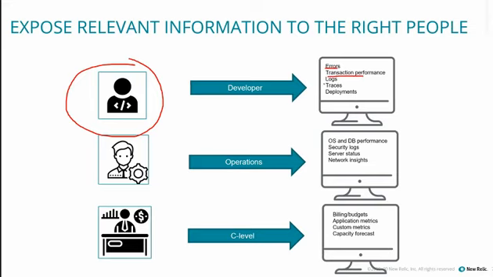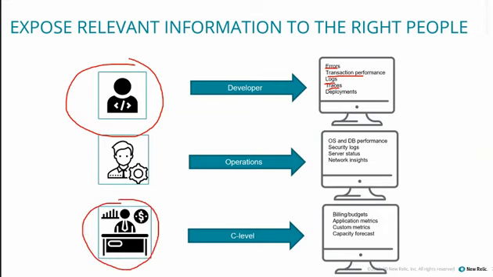So it's very important to give this audience, the developers, something that is useful for his day-to-day job. Now, we may have managers, right? Managers don't care about errors or transaction traces, logs, error messages, etc.